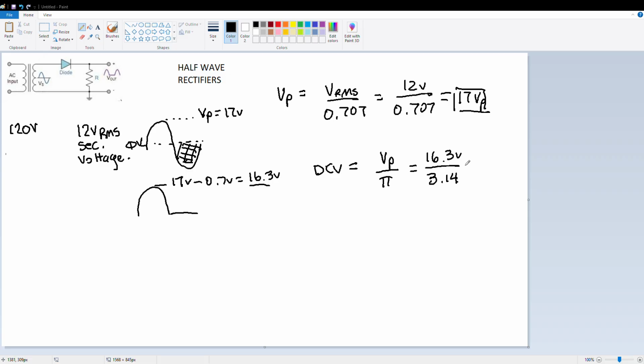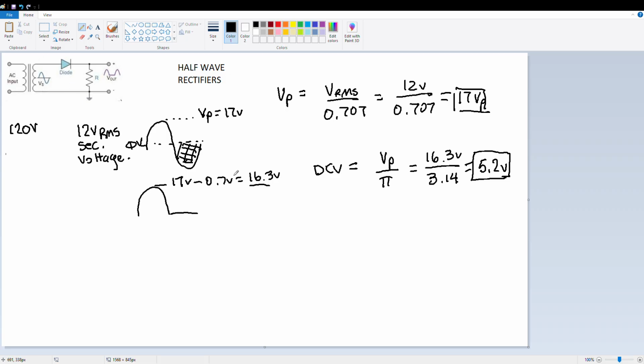Again, we'll bring up our calculator. 16.3 divided by 3.14 is equal to 5.19 volts, or about 5.2 volts. Again, we're rounding off these numbers and we're estimating the voltage drop across the diode.